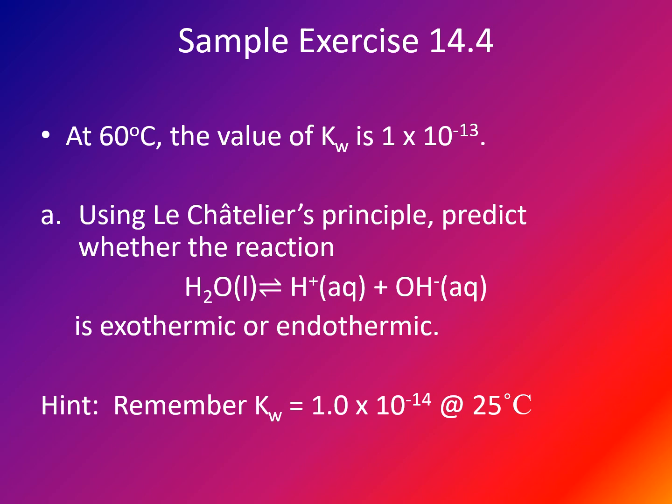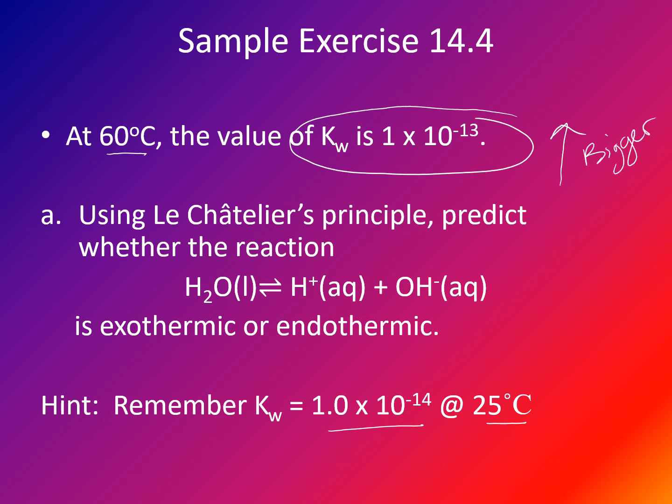Now look at the temperature given for our last practice problem. It's at 60 degrees, so our Kw is dependent upon the temperature. This problem has it at 1 times 10 to the minus 13th. We're using Le Chatelier's principle to predict whether the reaction is exothermic or endothermic. We know that at 25 degrees, it's 1 times 10 to the minus 14th. If this number is bigger, you want to think about whether more products formed, or did it shift to the left for more reactants?